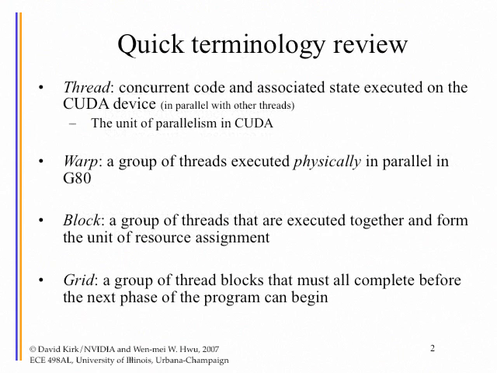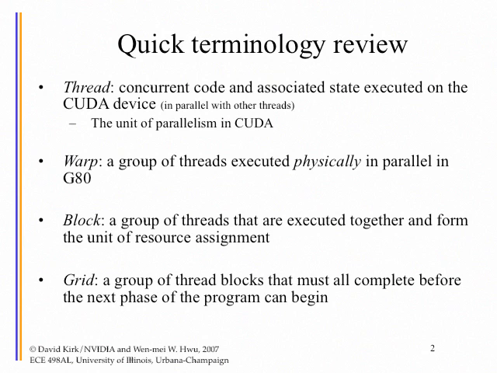So just a very quick terminology overview. We have threads, and these threads are the concurrent code and associated state executed on the CUDA device. Remember, all these threads are executing the same piece of code, right? That's SPMD. That's the most important thing here.